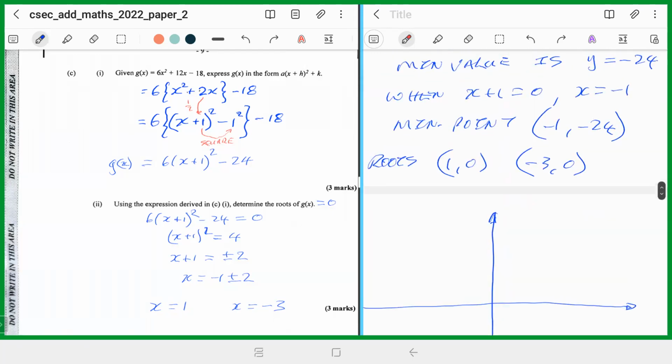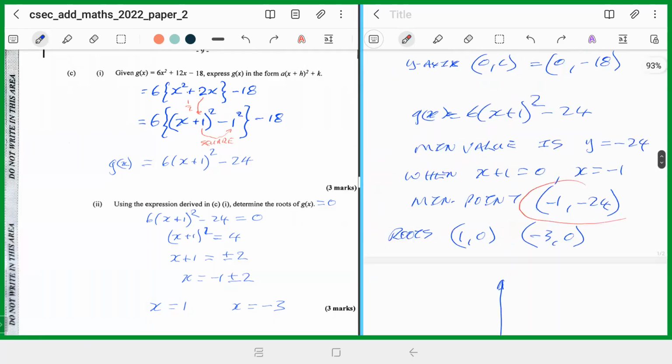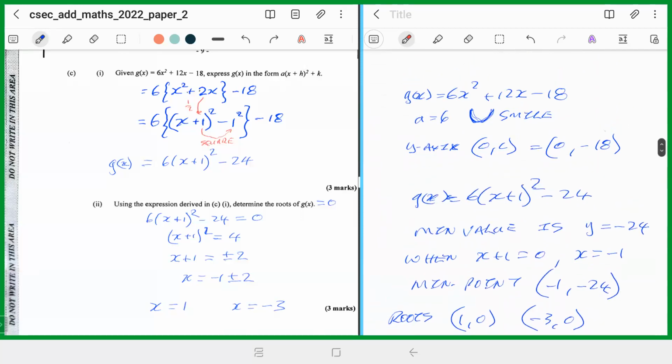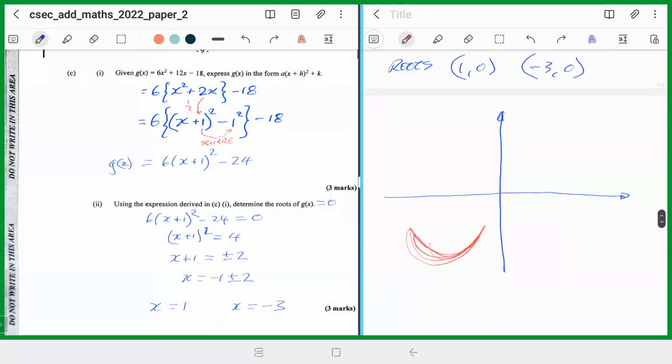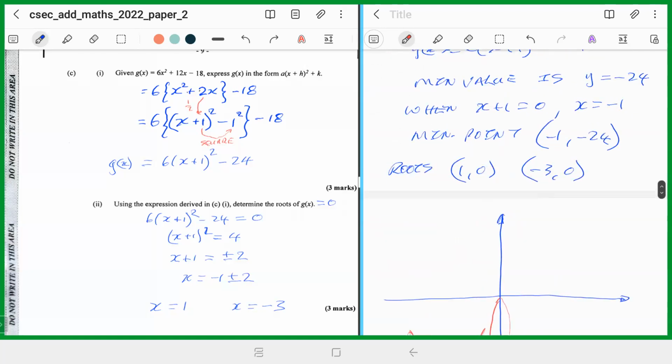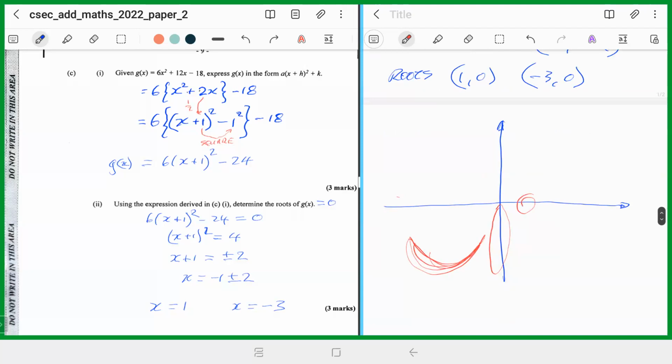We have to put the turning point here. Negative 1, negative 24 is somewhere over here, so the graph must turn somewhere down here. Next, it crosses the y-axis at 0, negative 18, which has to be somewhere down here. And then it has two roots, 1 and negative 3. So one root is over here and the other root is over there.